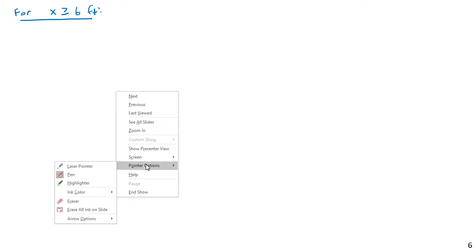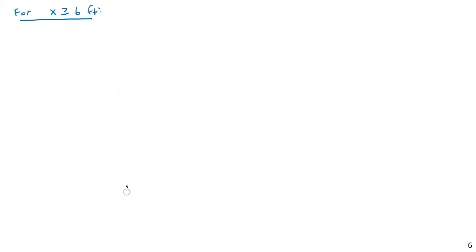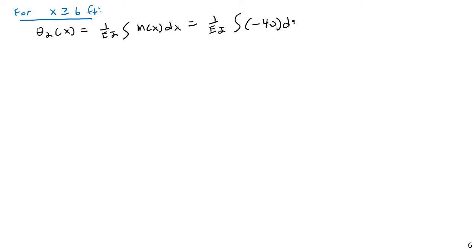So again, here, we know that theta 2 as a function of x is equal to 1 over EI times the integral of M of x dx, which will be equal to 1 over EI times the integral of the moment function, which is simply negative 40 dx.